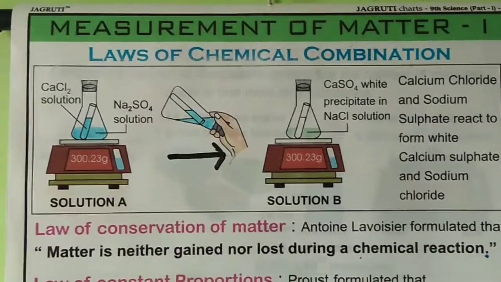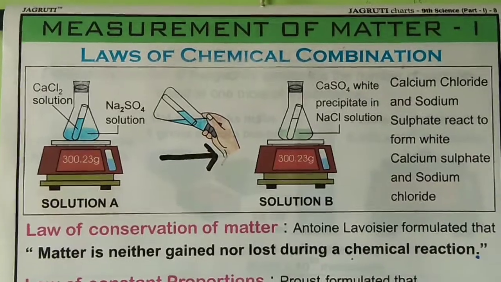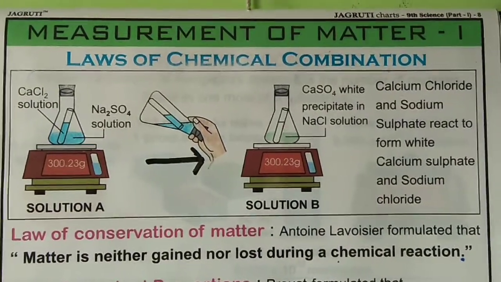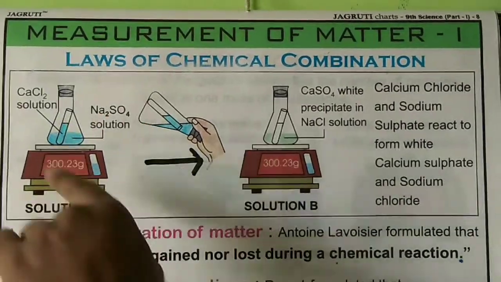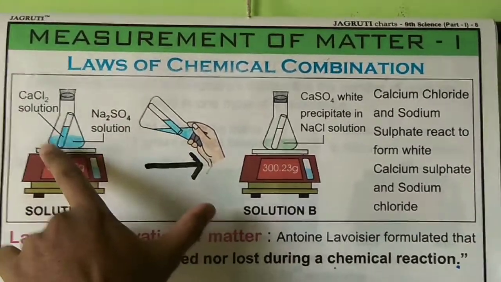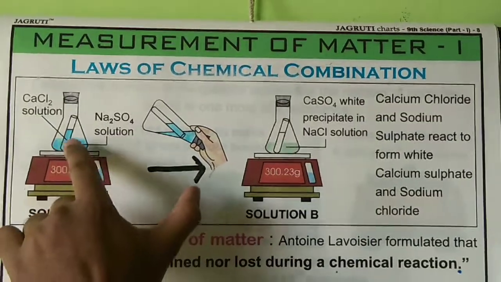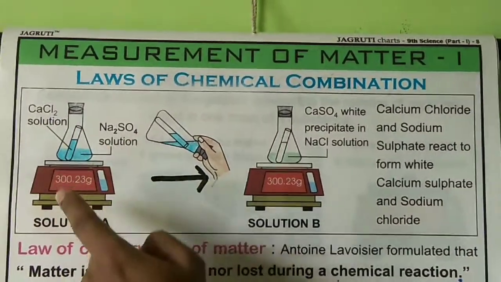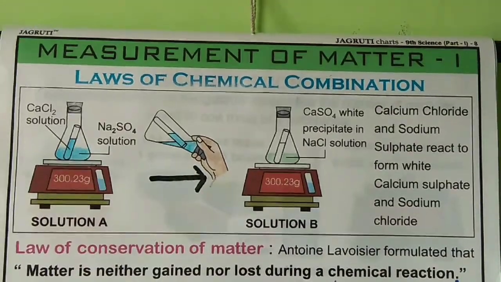Students, before understanding the laws of chemical combination, let us understand a simple activity. The apparatus required for the activity is a conical flask, a test tube, calcium chloride solution, sodium sulfate solution and a digital weighing balance.